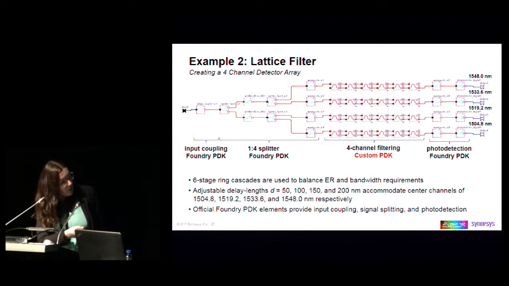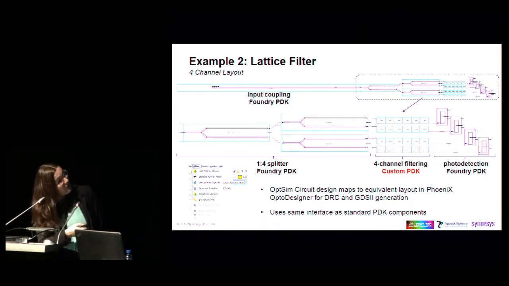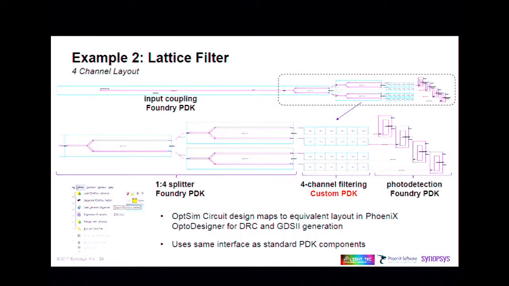And now we can test at the schematic level the behavior of the filter. So first, we can generate the mask of this filter, again using a Phoenix Software OptoDesigner co-simulation.